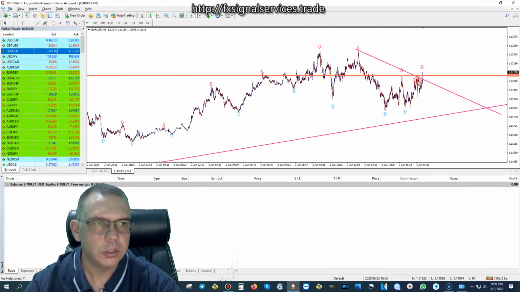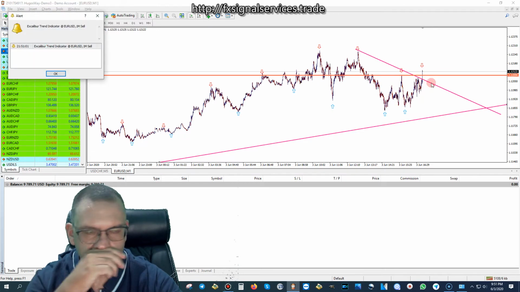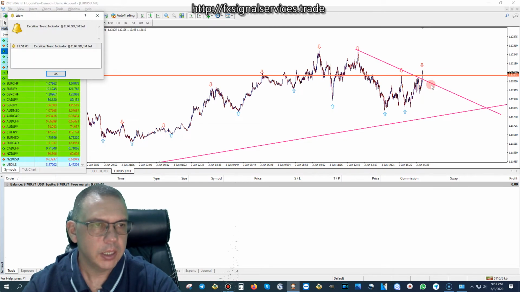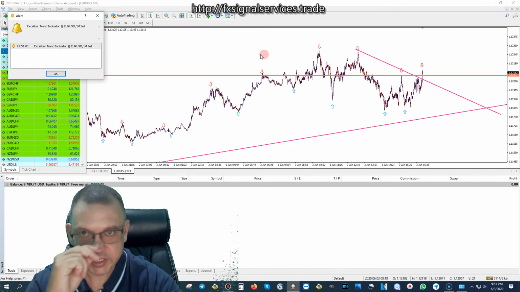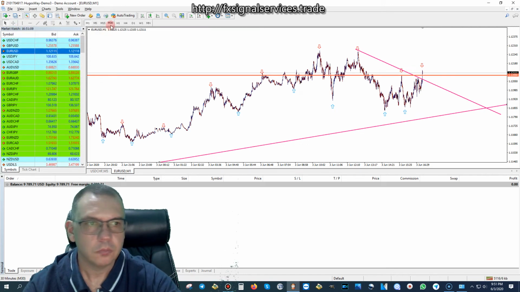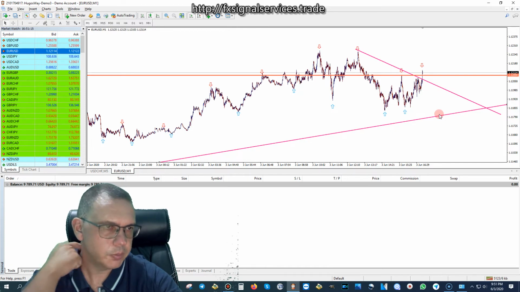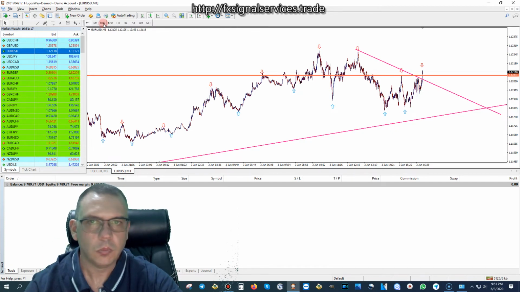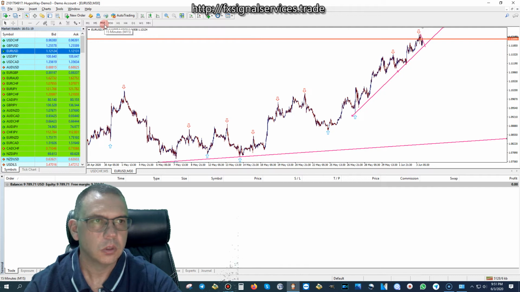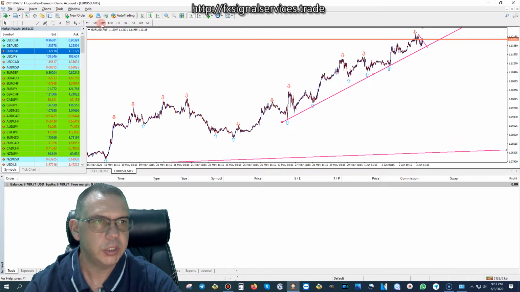And what we're going to do is wait for this to drop below this trend line, and then we can sell. Okay, right now I would not sell because it's shooting up, but technically we could get some profit as this drops back down, because like I said, the 30-minute and the 15-minute show to go down.